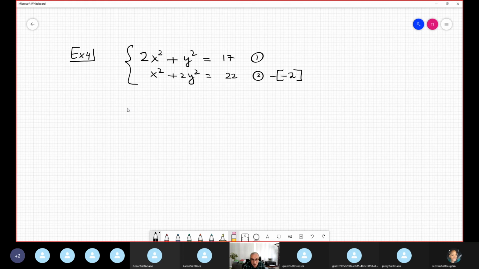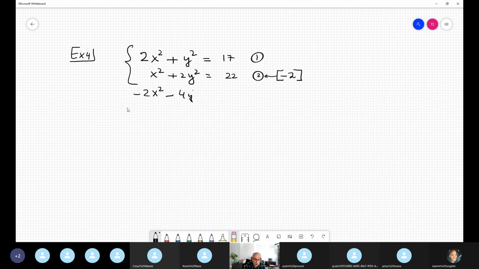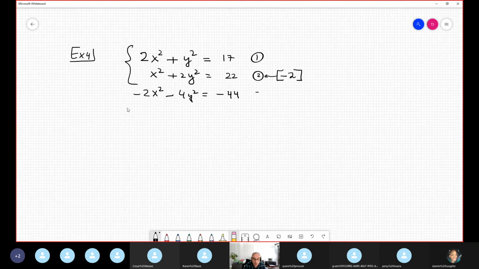What was my strategy? My strategy is, if you multiply by -2, we have -2 here. -2 is square and +2 is cancelled out. So we have minus 2x squared minus 4y squared equal -44. And this is my new equation 2. I forgot temporarily, of course, the old equation 2.